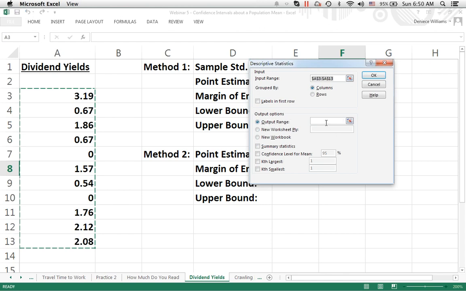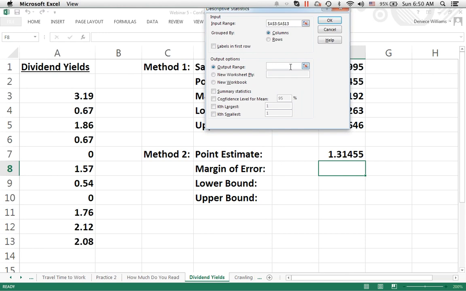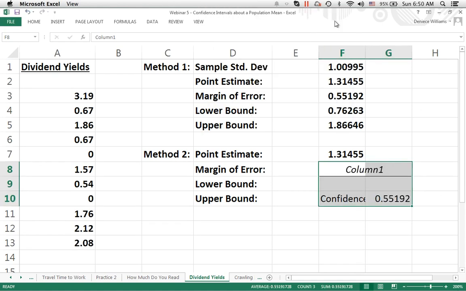My output range, I'm going to say where I want my answer to go. And I just want the confidence level for the mean. So make sure that I click this. Now, this is a 90% confidence interval, so make sure I change that to 90%. Click OK. And this is the number that I need.